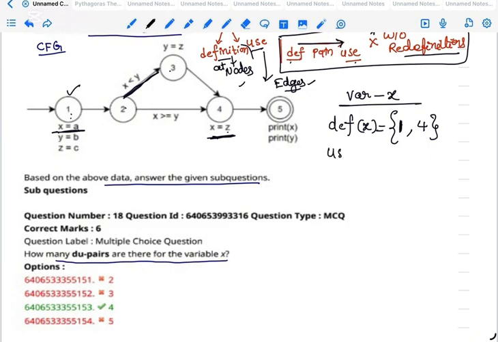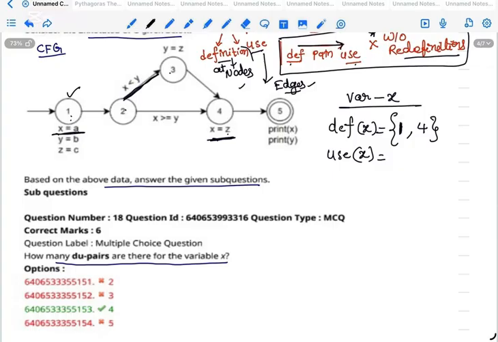And the uses of x, where we use the x variable, are at edges. Definitions are generally nodes, the uses are generally edges.